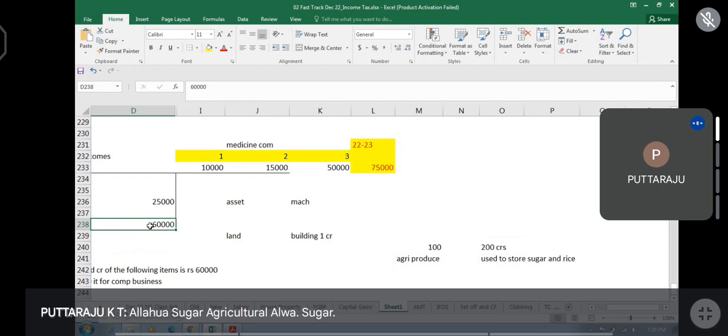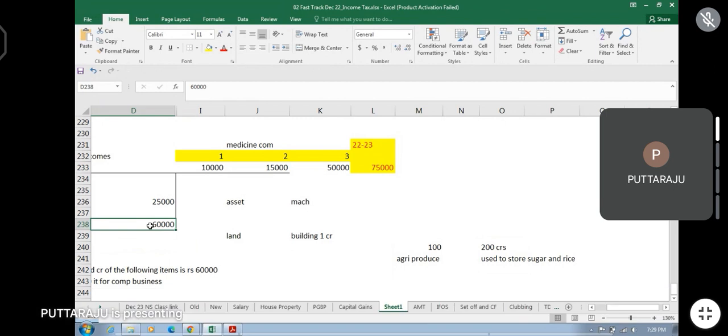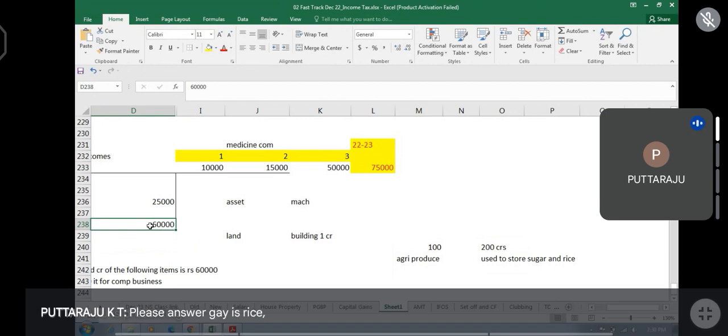Sugar cane is agriculture. Sugar is manufactured. Is rice agriculture? Please answer. Is rice agriculture? After processing paddy, you will get the rice.